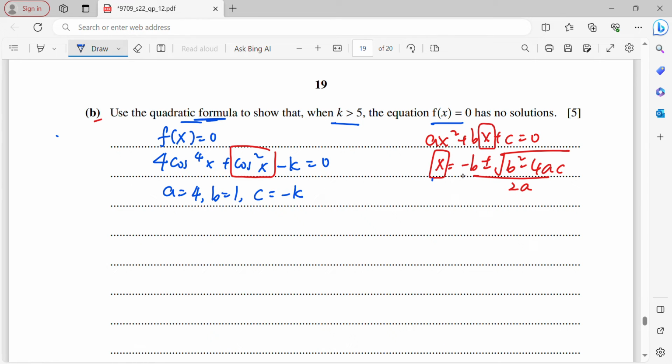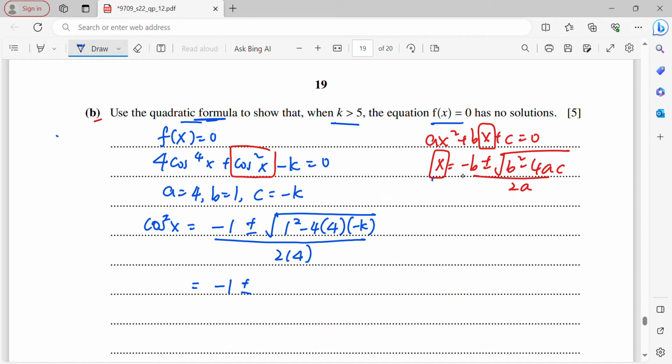At the same time, my x has been changed to cos square x. So I will write cos square x equals minus b, so minus 1, plus minus square root of b squared minus 4ac, over 2a. So here you will be getting minus 1 plus minus square root of 1 squared is 1, minus 4 times 4, minus 16, minus 16 times minus k, it will be plus 16k, then over 8.